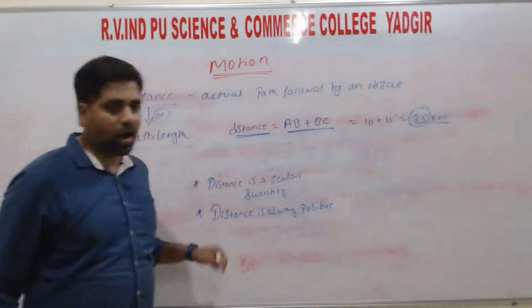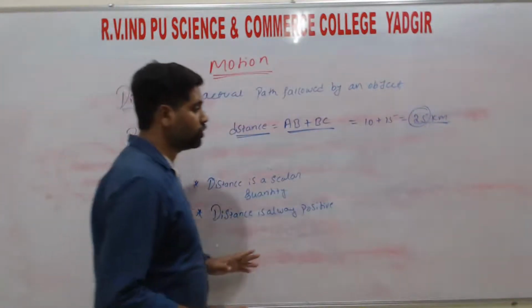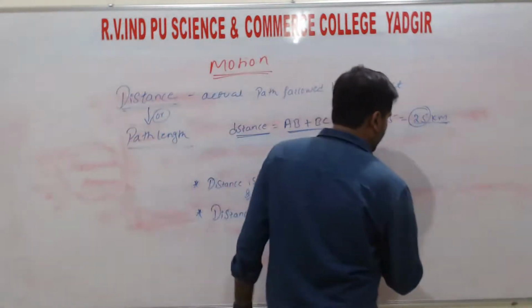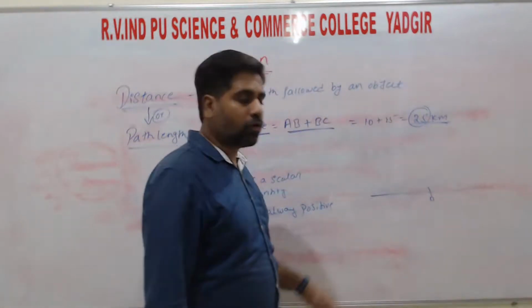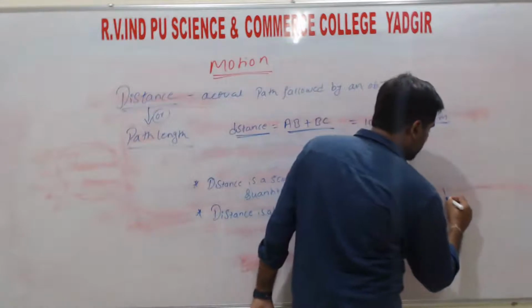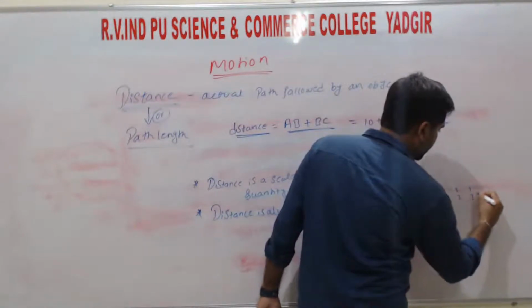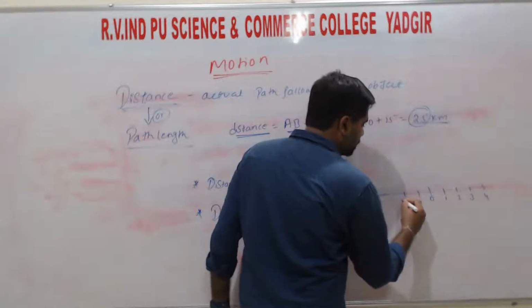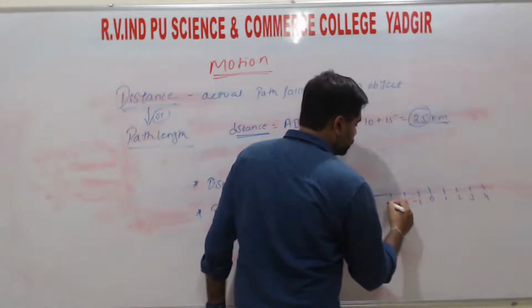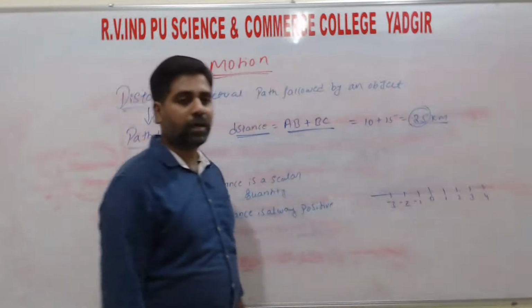To know why the distance is always positive, that is, the actual path traveled, right? So this one is the coordinate axis. So 0, here we have positive values along the x-axis: 1, 2, 3, 4. On the negative side, on the left-hand side, we have -1, -2, -3, right?